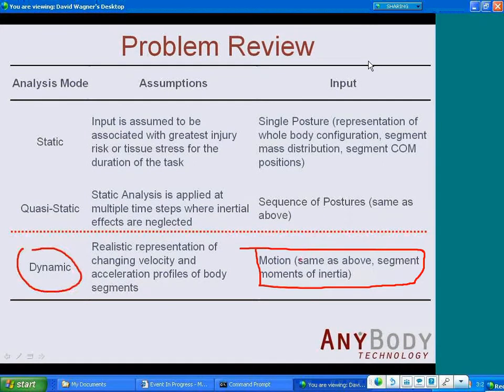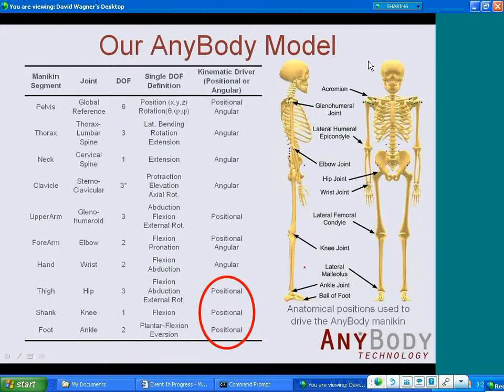The big issue here is the motion being realistic and, at least in terms of numerical accuracy, representative in terms of velocity and acceleration profiles, and not being numerically inaccurate.